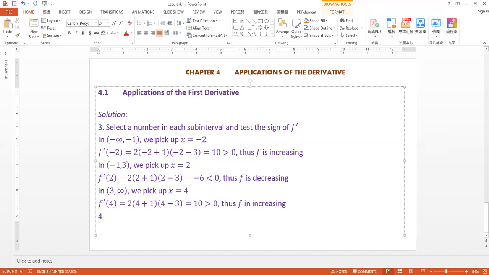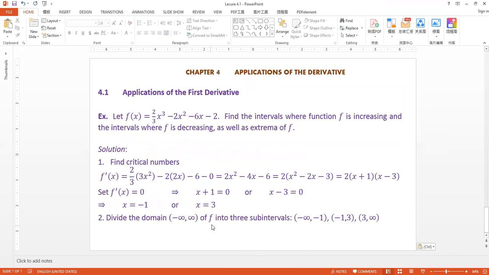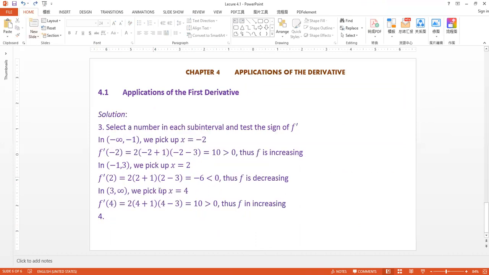All right. So the last step is to use the information in step 3 to draw a diagram. So the diagram will be like this. Oh, wait, sorry. Okay, so that's not what I want.